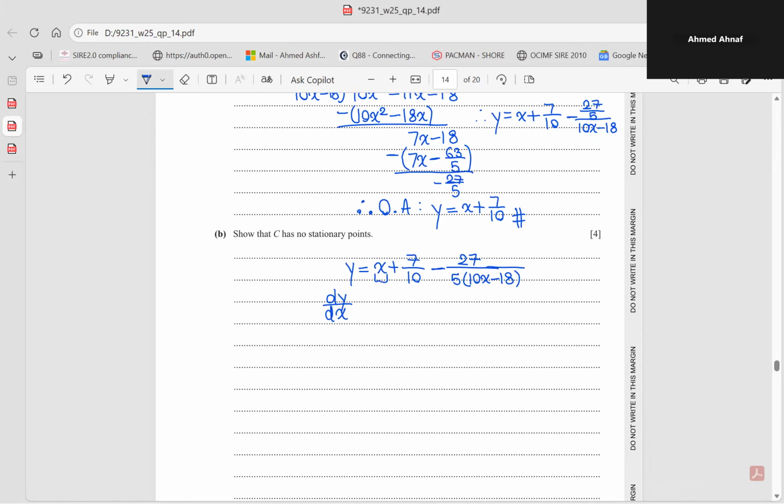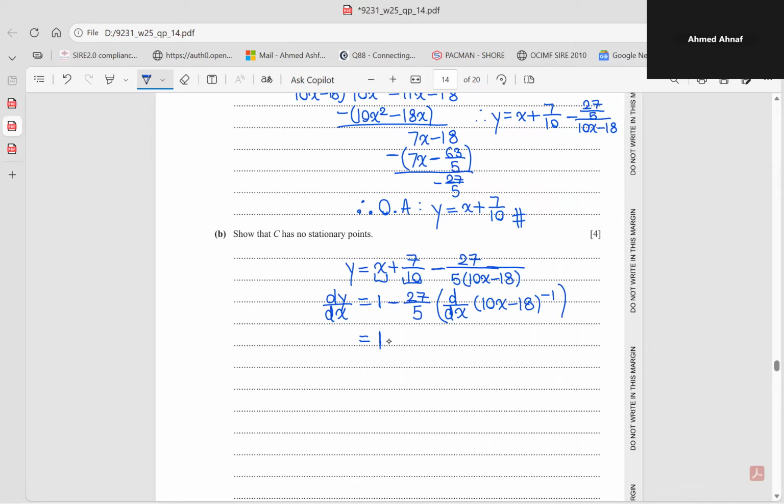So dy/dx, just differentiate this first, which is 1. Differentiate this, that's 0. And for this, you keep the 27/5 and differentiate 10x minus 18 to the power of -1.